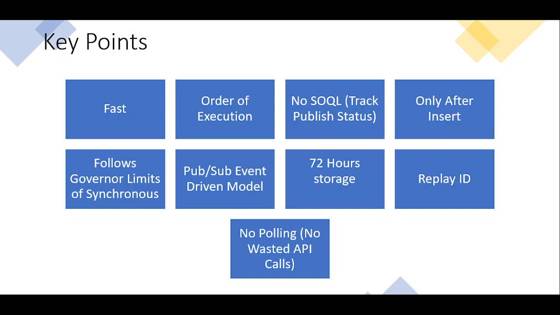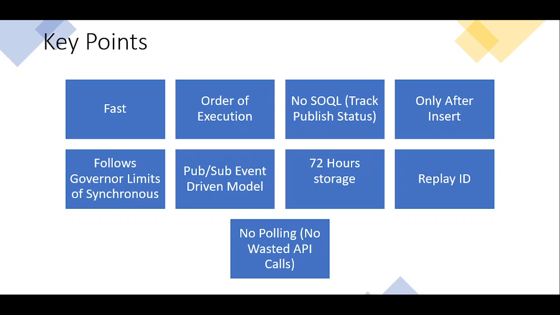But there are other ways by which you can know what events were published, what their statuses are, and if you want to replay or resubmit a previous platform event message, you can do that. There are many ways. One way is track publish status. This is in pilot mode by Salesforce. You can ask them to enable it in your org.